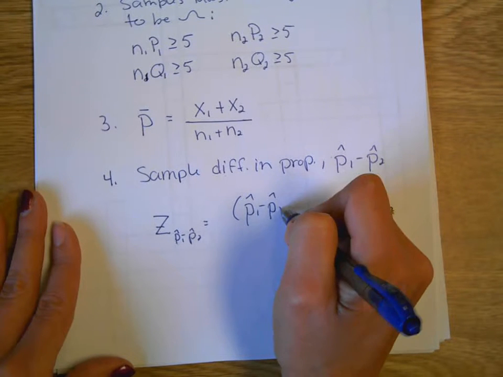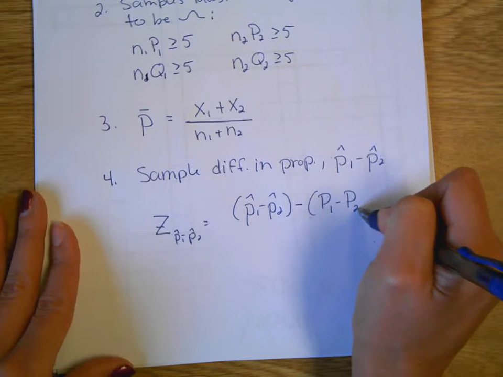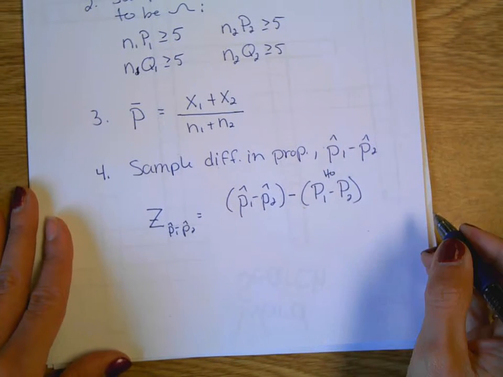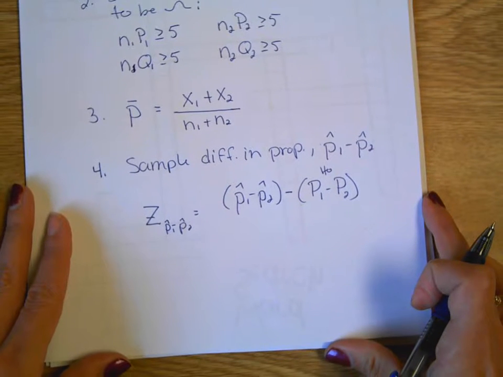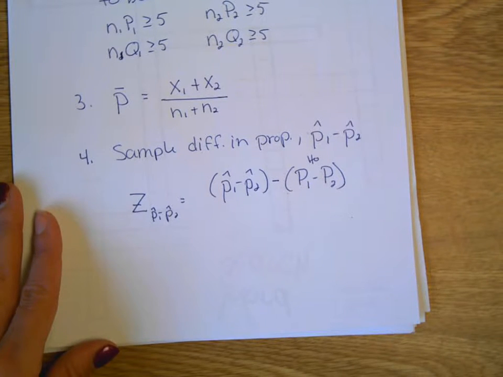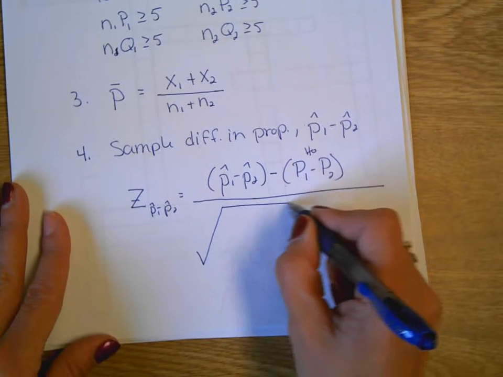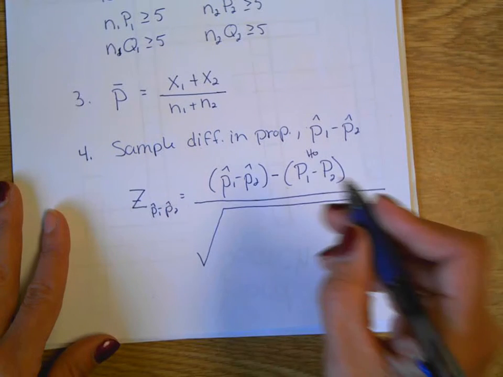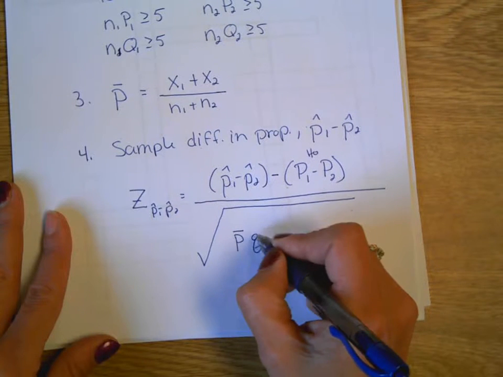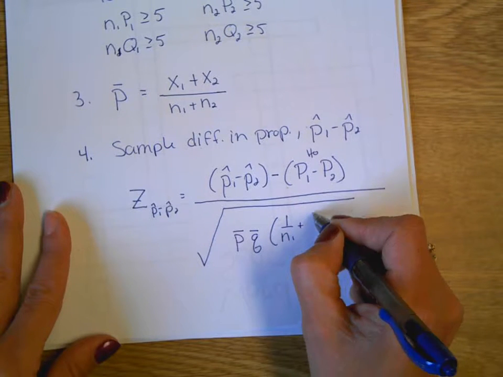P hat 1 minus P hat 2 minus the difference in proportions from the whole. Is that only a real number if they're like, we're 9 more? Right. Otherwise it's going to be 0. And then the denominator is where we're slightly different than before. Square root of P bar, which I gave you in step 3, times Q bar, times 1 over N1 plus 1 over N2.